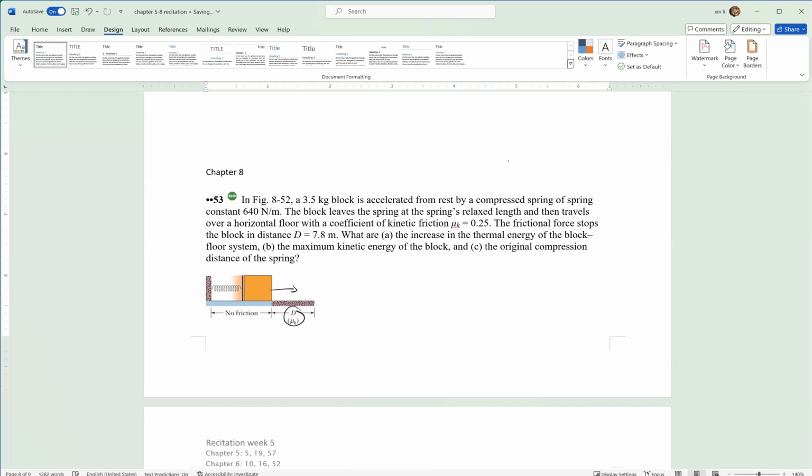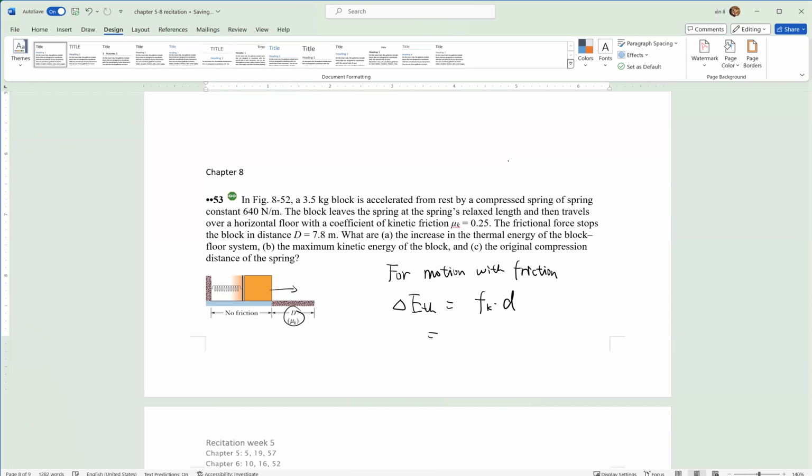So here, for motion with friction, you have E thermal, right? When you have friction, that is the thermal energy.